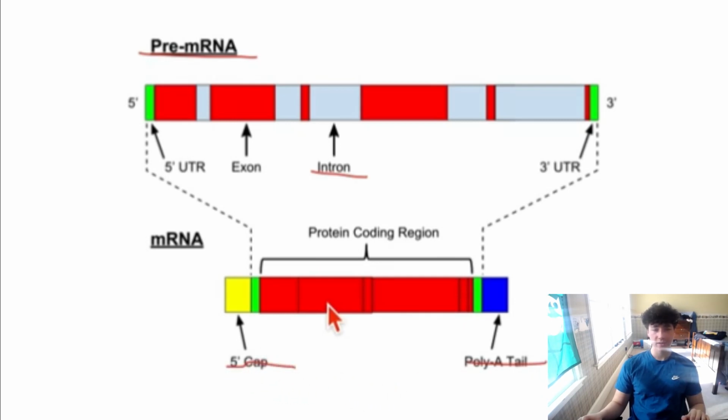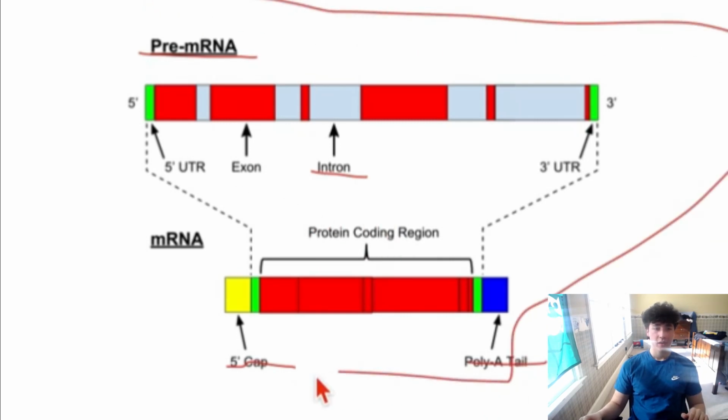Now, the purpose of these two things is so that the mRNA molecule that we just spent a lot of energy and resources making is going to be safe once it leaves the nucleus to go to the cytoplasm to produce the proteins. So just keep in mind, this is only in eukaryotes.